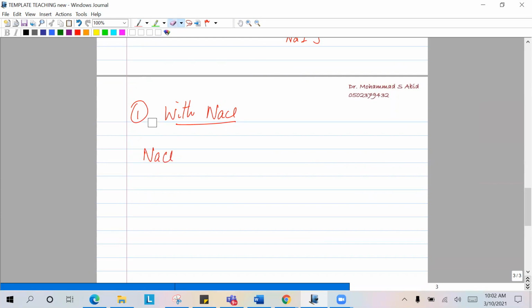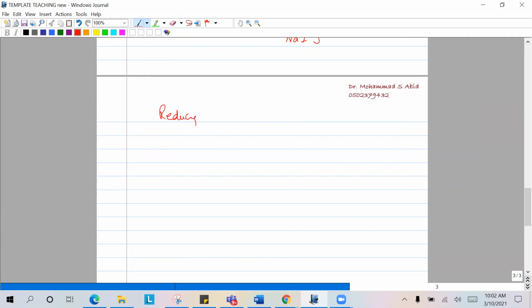Okay, before that, an important thing which we did last lesson was that when you talk about the reducing strength of reducing agent, we have understood that the reducing strength increases this way.